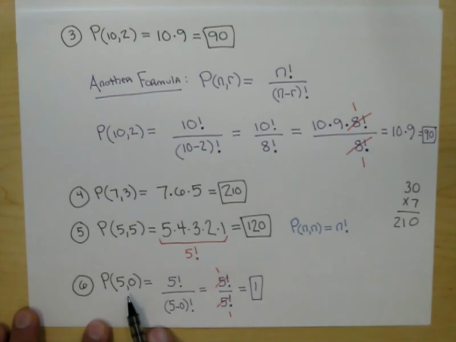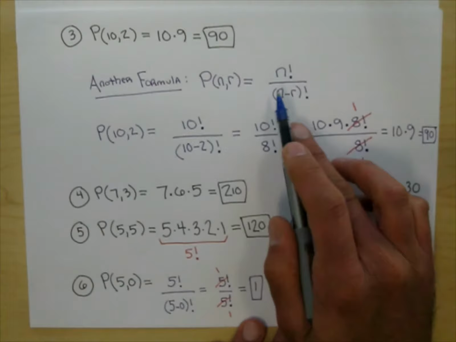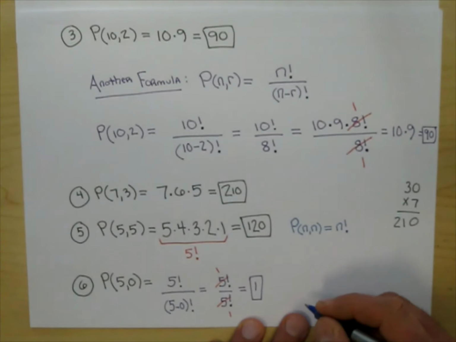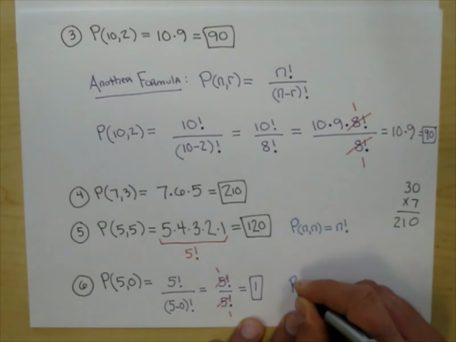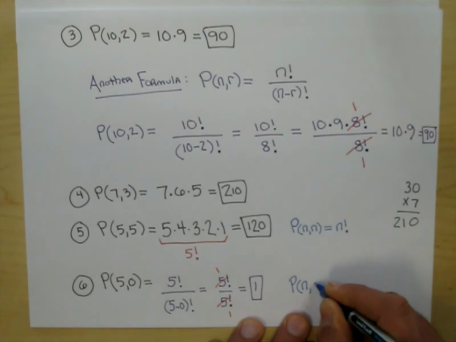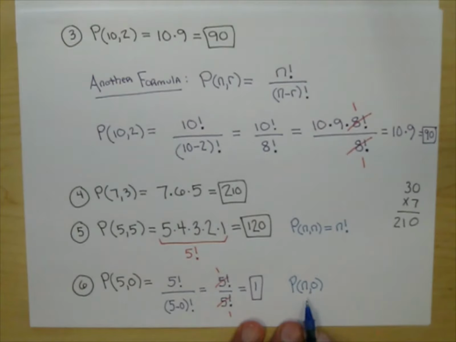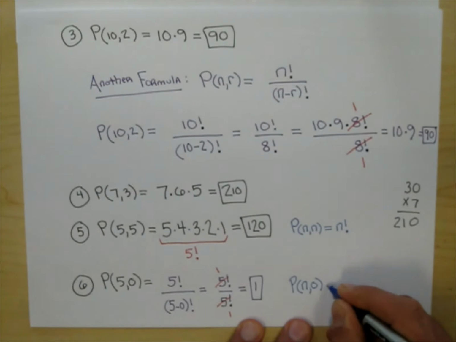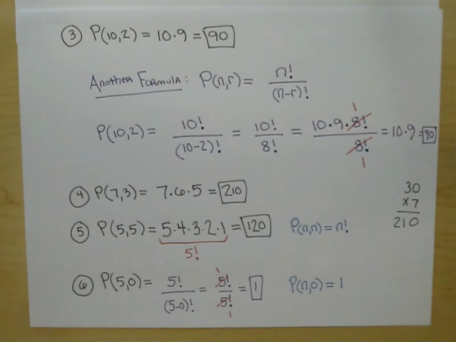And 20 pick 0 is 1. So instead of using this purple formula, which is not pretty to look at, we can just remember this: N pick 0 is 1.